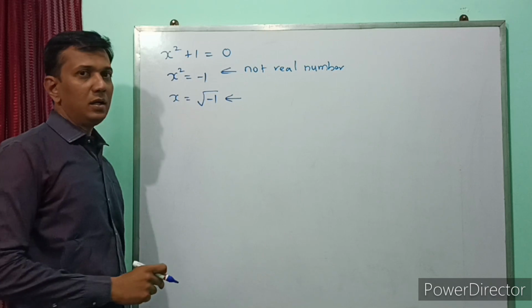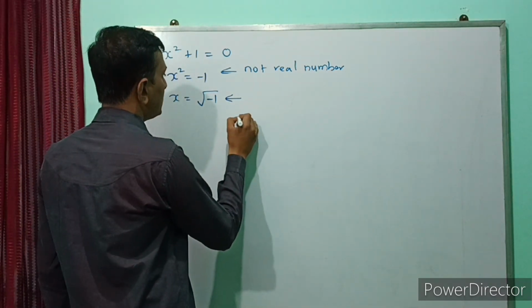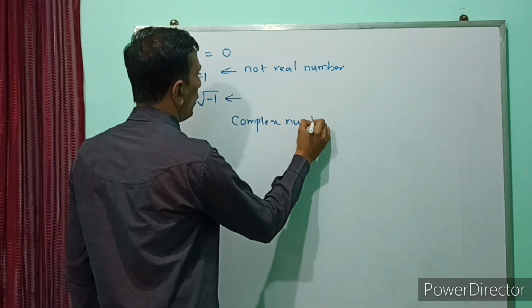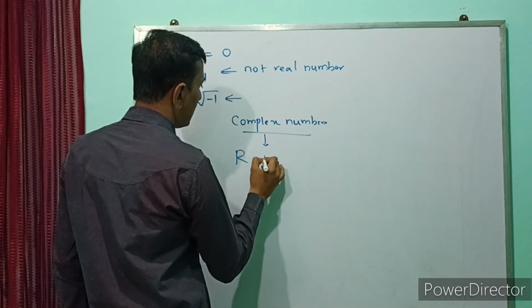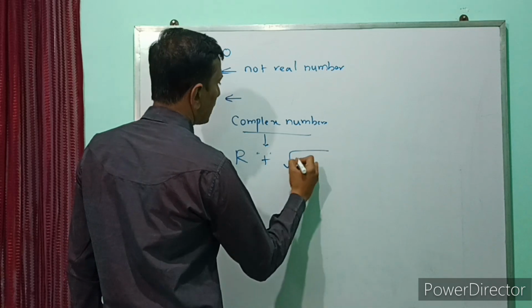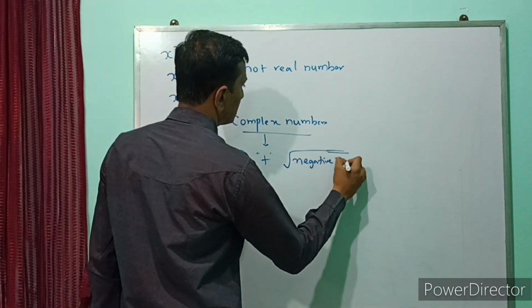To define this and to know the x value, they have to go for another number system which is called complex numbers, which contains real numbers along with square roots of negative numbers.